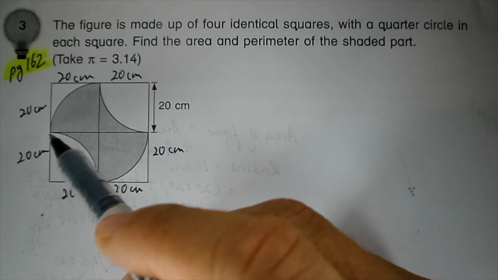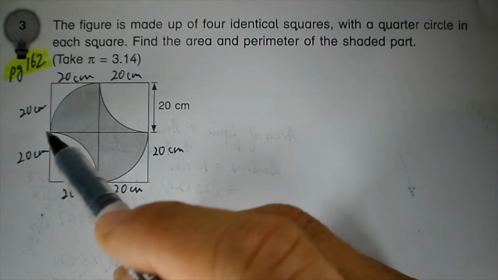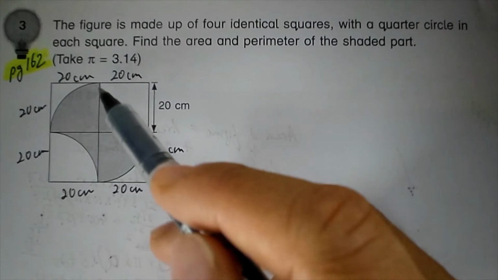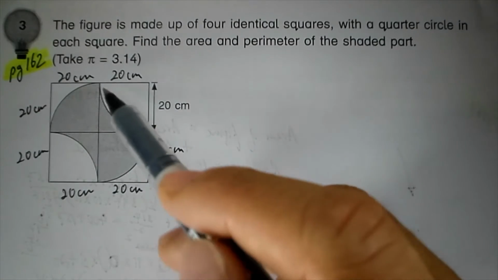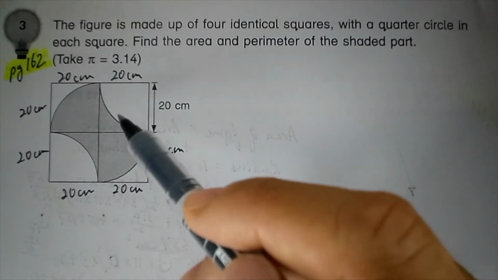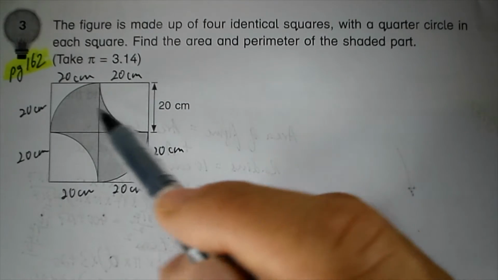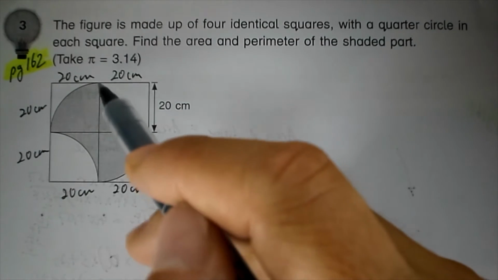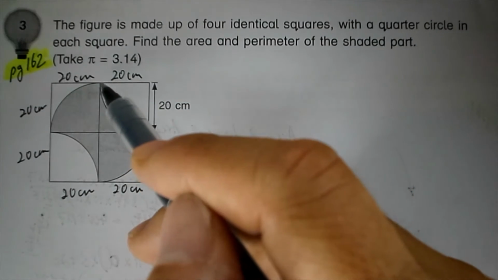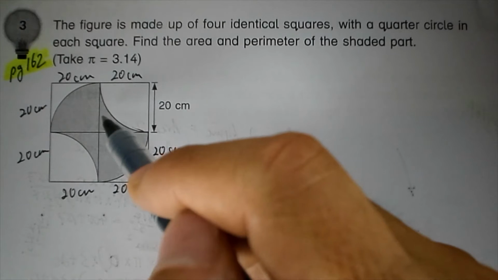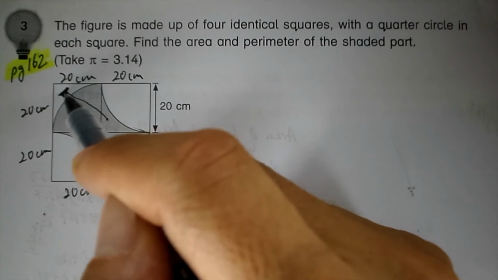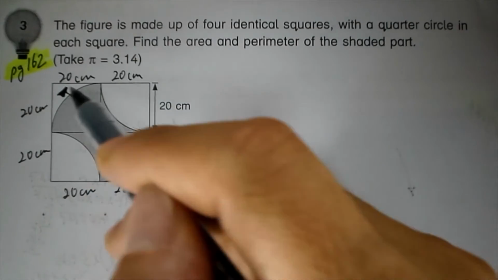Now, let's look at this figure in detail. The figure is made up of one quarter circle and one part of a quarter circle, which is part of this whole square. Concentrating on this rectangle here, this curved part, which is shaded, can be moved to fill up this gap to form one complete square.